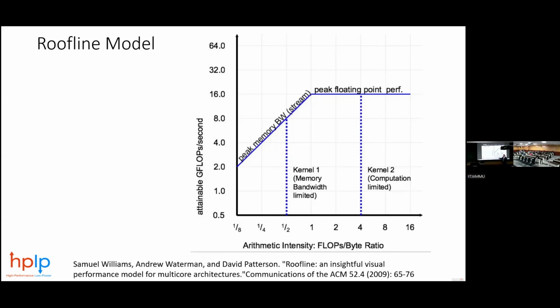For that, there is this concept of arithmetic intensity, which basically means, for every piece of data that I bring from memory, how many times do I use it? The unit for arithmetic intensity is the number of floating point operations per byte from memory.